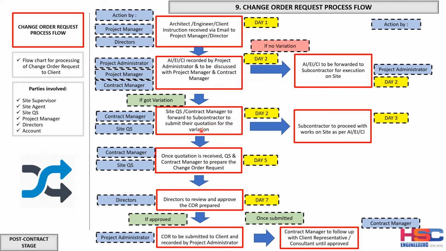While giving the pricing to the contract manager, they can choose to proceed with the work as per the site instruction. However, they also have the right to wait for the approval of their quotation before they proceed, because this involves changes.